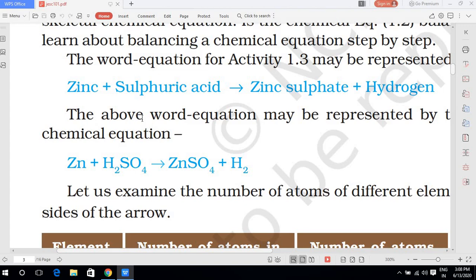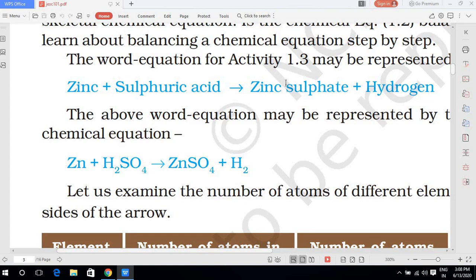So in order to simplify the equations, we make use of the symbols of the elements and the molecules, such as zinc is represented simply by Zn, and sulfuric acid, its molecular formula, is represented by H2SO4.